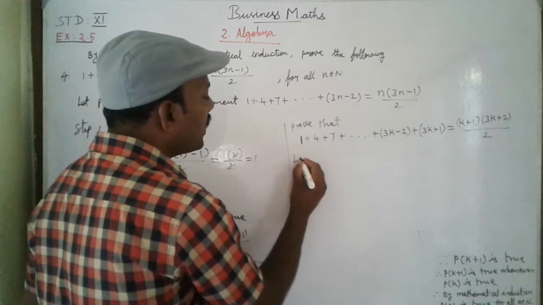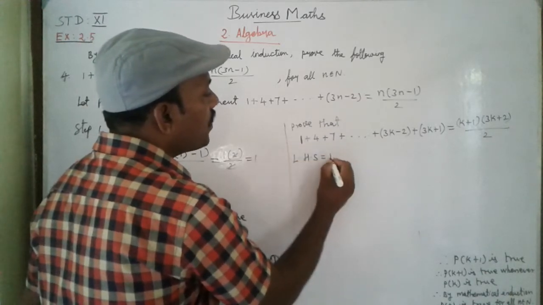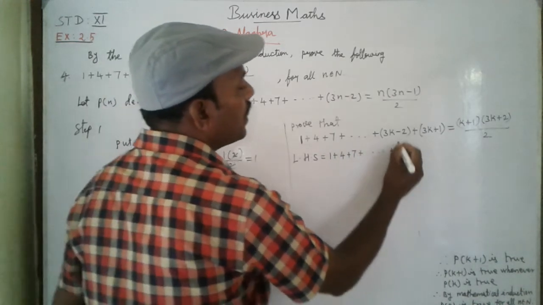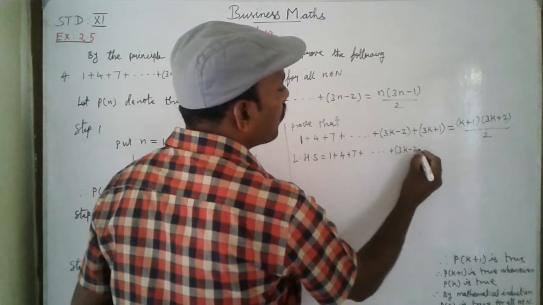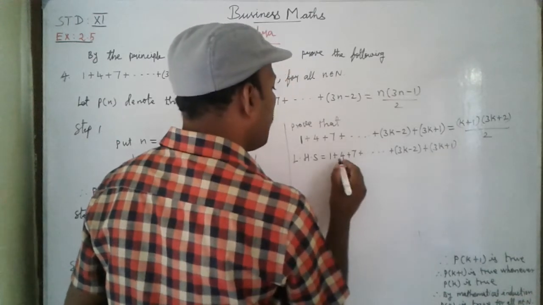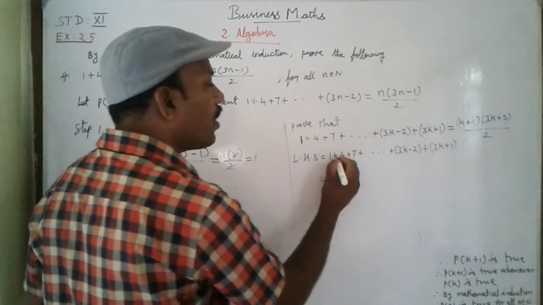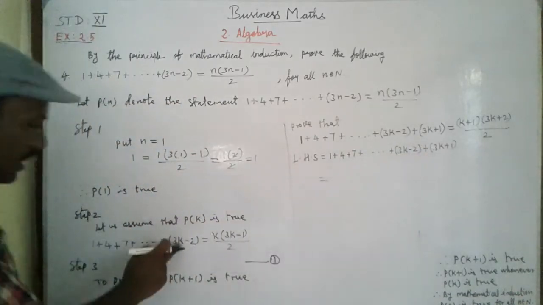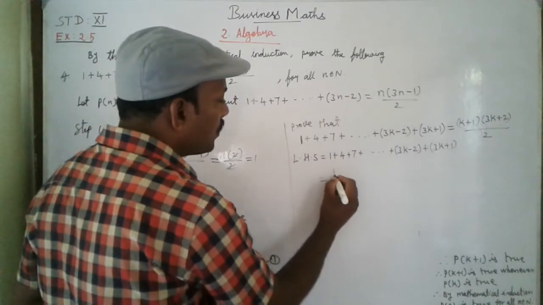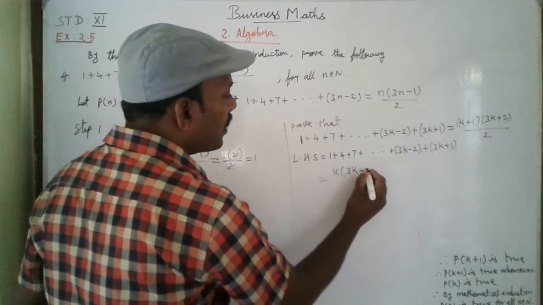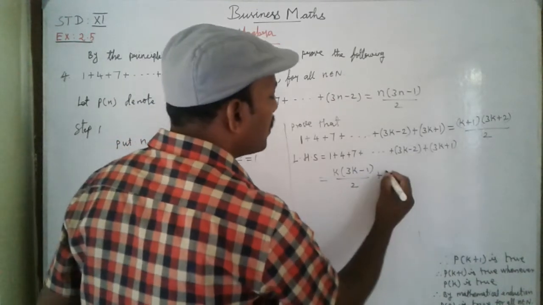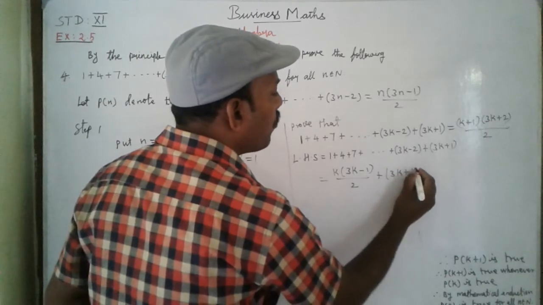Next, LHS: we should take LHS equal to 1 plus 4 plus 7 plus etc. plus (3k minus 2) plus (3k plus 1). So its value we know that 1 plus 4 plus 7 plus etc. plus (3k minus 2) is k into (3k minus 1) divided by 2. So k into (3k minus 1) divided by 2 plus next term is 3k plus 1.